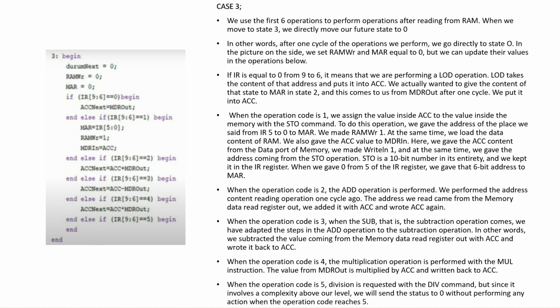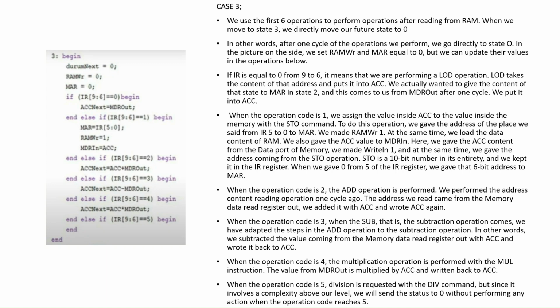Here we gave the ACK content from the data port of memory. We made write in 1, and at the same time we gave the address coming from this STO operation. STO is a 10-bit number in its entirety, and we kept it in the IR register. When we gave 5 to 0 of the IR register, we gave that 6-bit address to MAR.